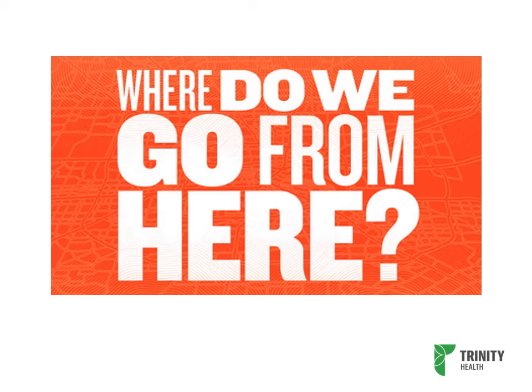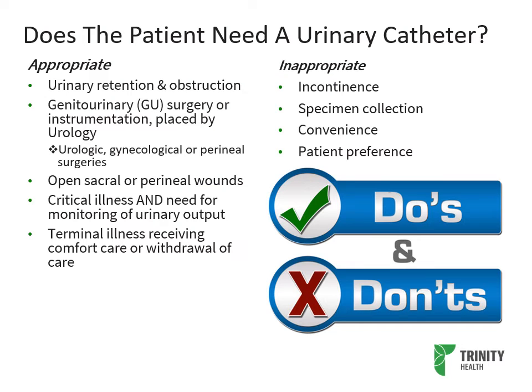So where do we go from here with all this information? Well, we need to make sure we're doing everything we can to prevent these events, and one thing we can do is assess our patient's need for a urinary catheter. There are appropriate reasons, which include urinary retention or obstruction. If genitourinary surgery or someone from urology placed the catheter, we of course want to leave that in.